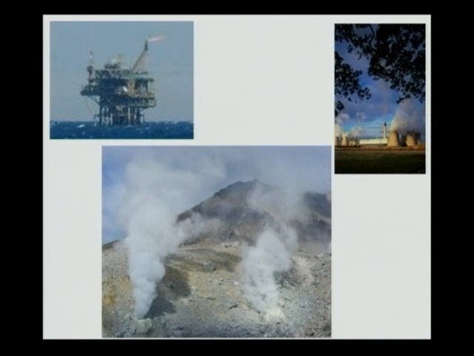In the environment, sources of sulfur are due to coal combustion, a big environmental problem, or emanations from volcanic sources. Here elemental sulfur is being deposited, and sulfur gases can travel a long distance.